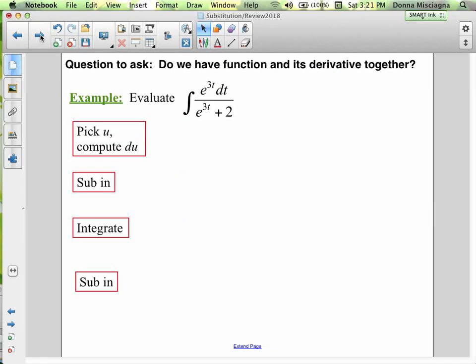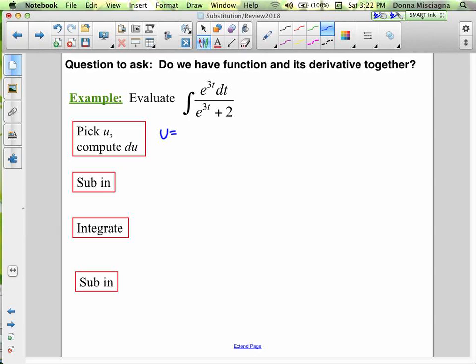All right, so now let's try this one. All right, so our u, this is another one of those. And do we have x, a variable and an exponent, right? So we have the 3t in the exponent there. So u is going to be, and now u is not going to just be the 3t part.